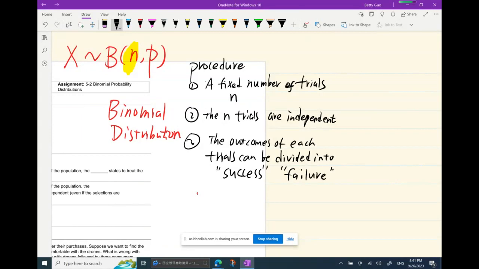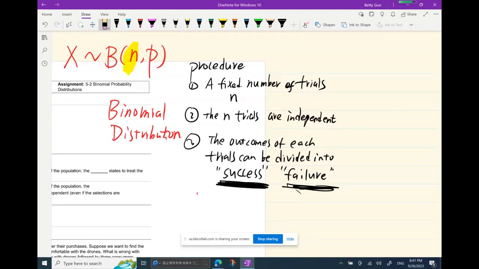For example, you roll a die. That's one trial, right? I know we have 6 different outcomes: 1, 2, 3, 4, 5, 6. But if you let getting a number 6 be a success, then all other numbers, 1, 2, 3, 4, 5, are failure.